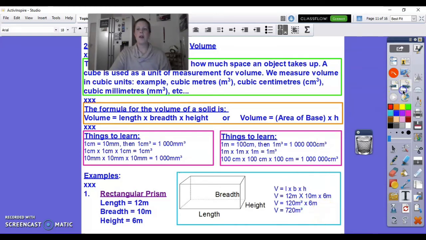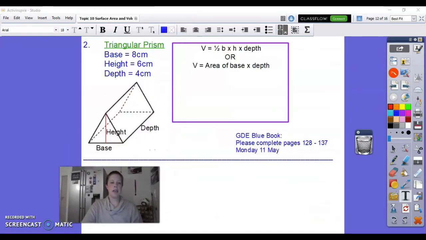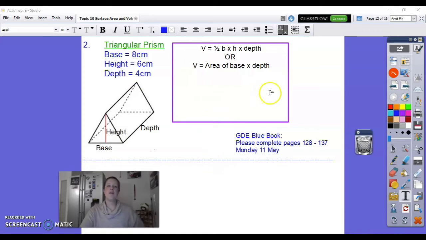Okay. Now, the second example would be the volume of a triangular prism. So again, I've drawn my triangular prism here. I have labeled my base, my height, which is my perpendicular height. Remember, it is a triangular prism, so the bases of my triangular prism are triangles. So I have to have perpendicular heights, and depth is the other dimension over here.